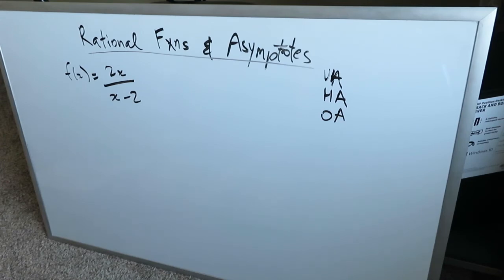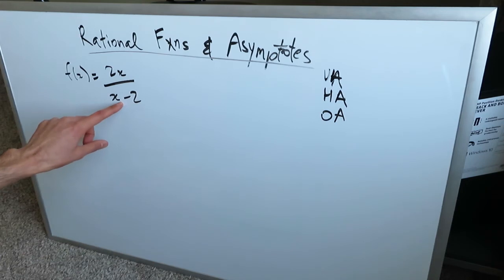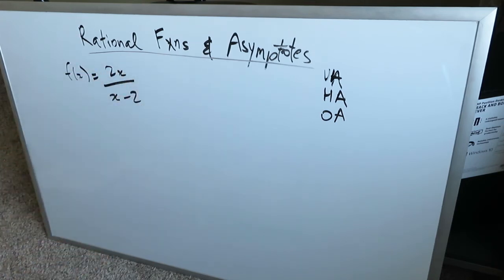Whenever you're given a rational function, with a polynomial on the top and one in the bottom, the numerator and denominator, our goal for this video was to determine the 3 asymptotes. So without even having to use a graphing tool, you should be able to pluck these 3 asymptotes, if they exist, from any equation. That's the real goal of this video.